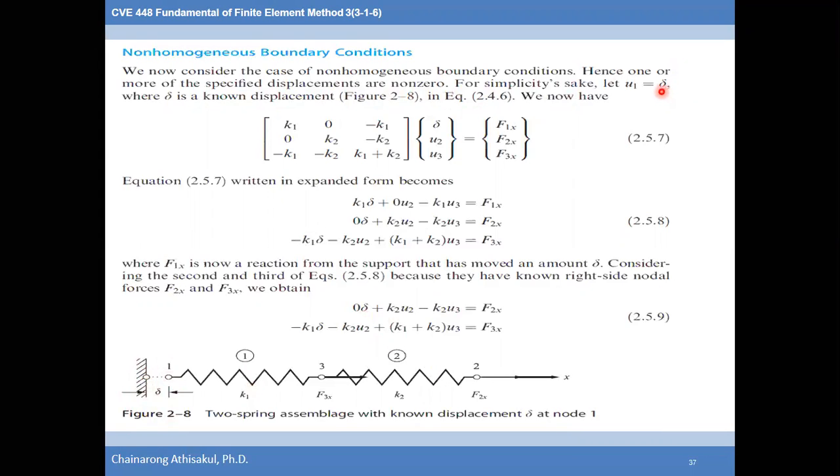And then what does it mean? When we substitute the boundary condition, u1 is not equal to 0, but u1 equals delta. So in the same manner, we can eliminate the first row.